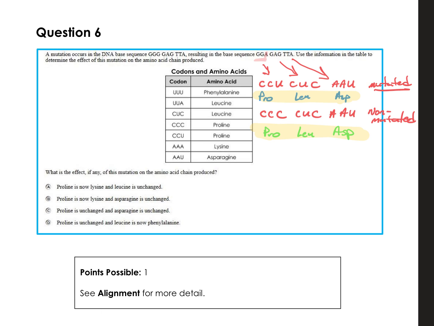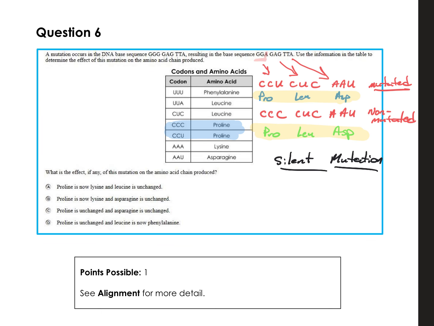So because there's two ways to get proline, you can have the mutation but it does not change the amino acid sequence. We call that a silent mutation. Even though there's a mutation, we don't see it. So it's called silent.